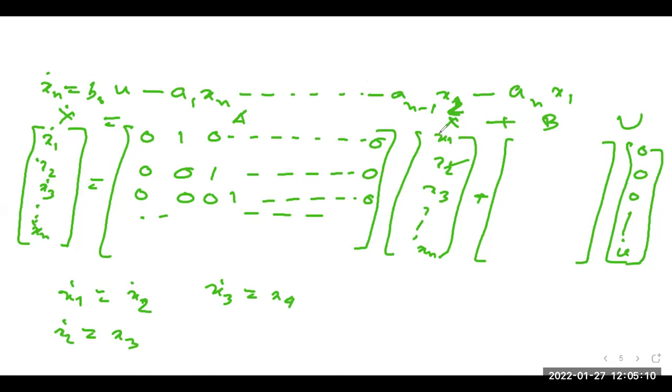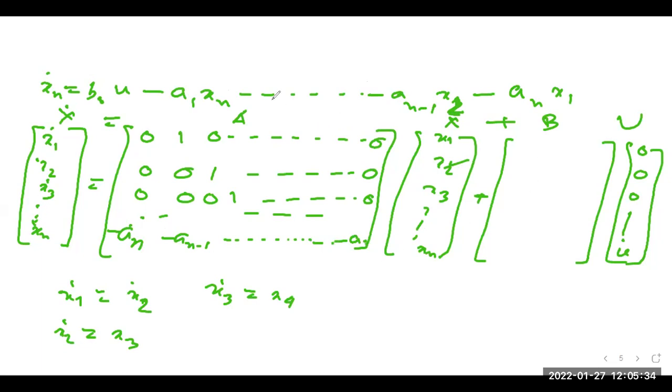X1 is the first state variable, so in the matrix multiplication this will be minus an. Then this will be minus an minus 1, and this will continue till it reaches xn into minus a1. So xn is at the last, so this will be minus a1.